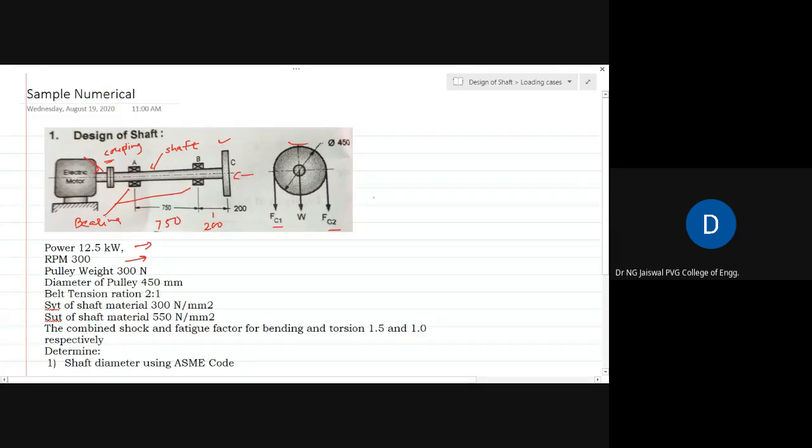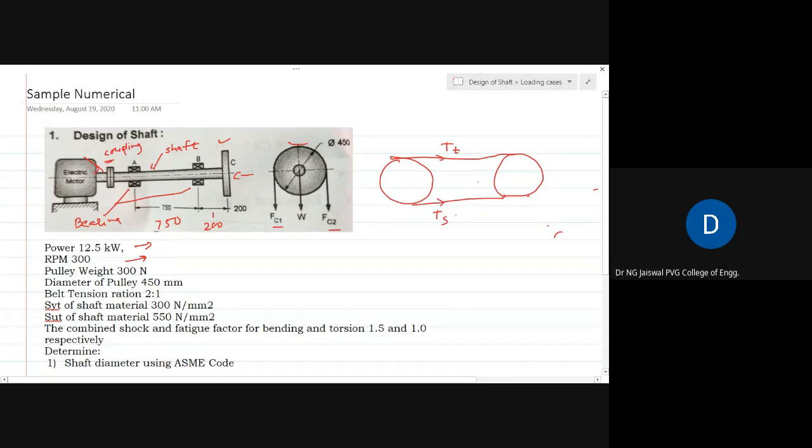Belt tension ratio. You must be knowing that whenever there is a belt, I hope you know it, but still I'll draw one picture. If I draw two identical diameter pulleys and the belt is passing over these pulleys, you must be knowing that one side tension is the tight side tension and the other side tension is the slack side tension.